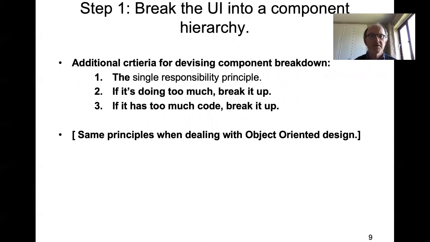Or you may decide that one of the components in your hierarchy actually has more than one responsibility. And we don't like that. We like components just to have a single responsibility. So either way, it's fine to take the hierarchy that you have produced and subsequently decide that some of the components still need to be broken down for whatever reason, any one of the three reasons that I mentioned there.